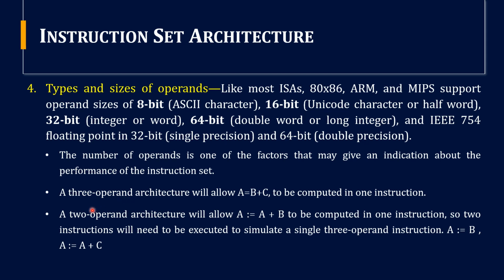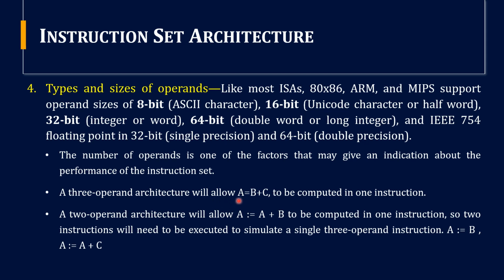A two-operand architecture will allow A = A + B to be computed in one instruction. So, two instructions will need to be executed to simulate a single three-operand instruction. That is, A = B, then A = A + C.